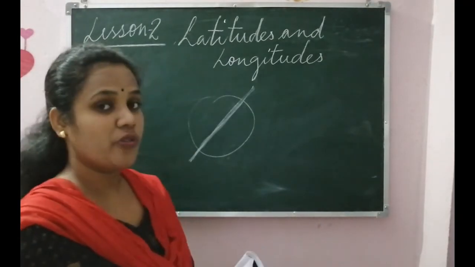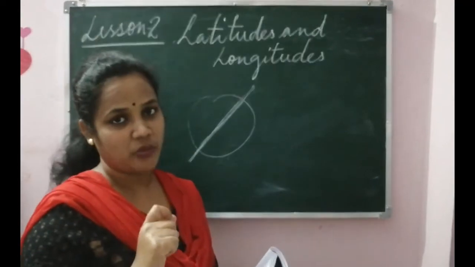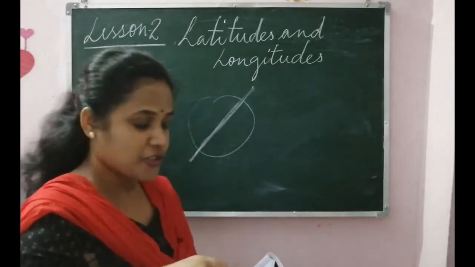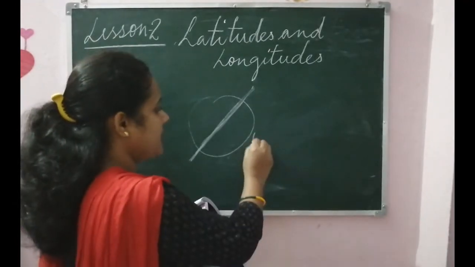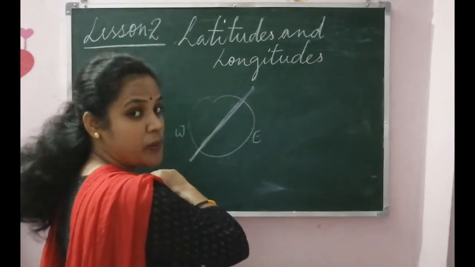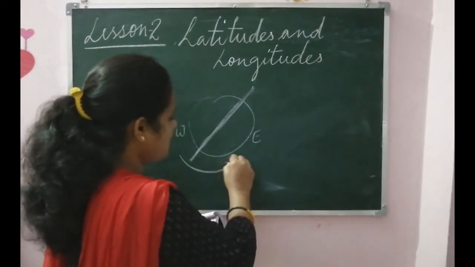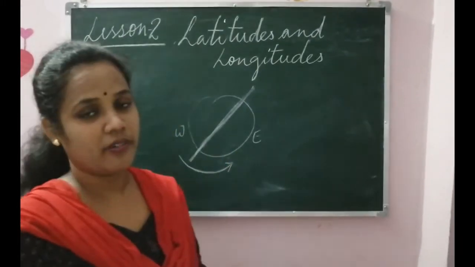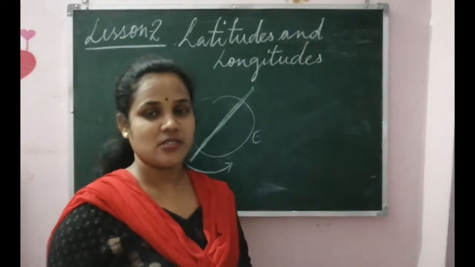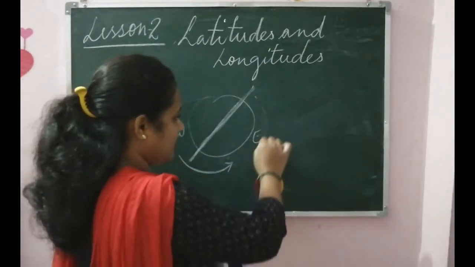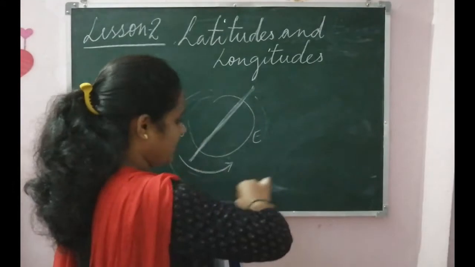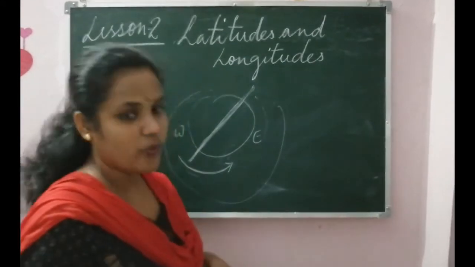Which direction is it moving? West to east. We have to always keep in mind west to east. So this is your east, this is your west. So it is moving west to east. Alright, anti-clockwise. Clockwise is like this, but it is moving anti-clockwise.